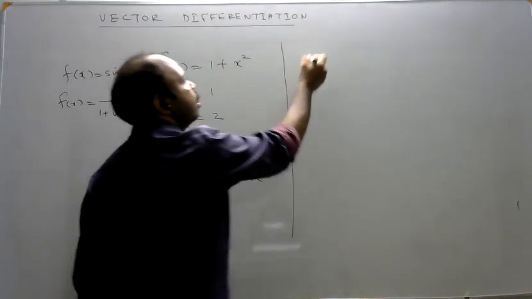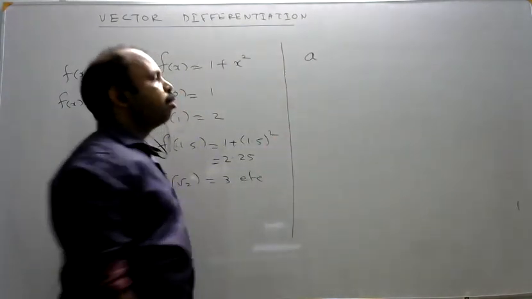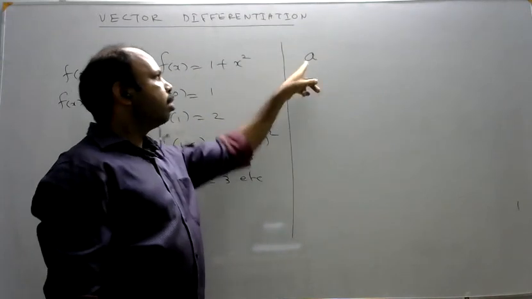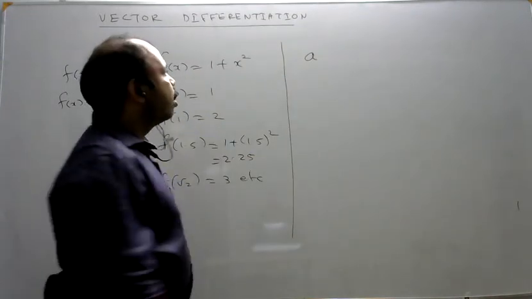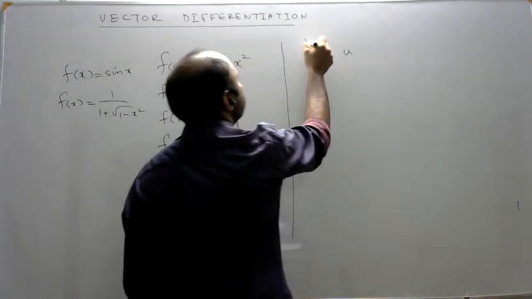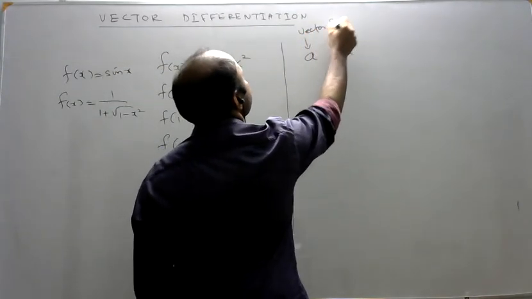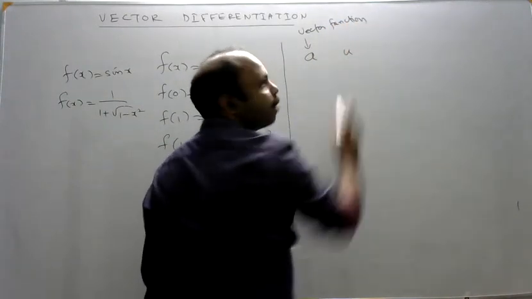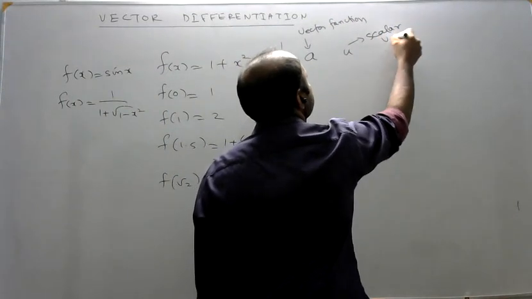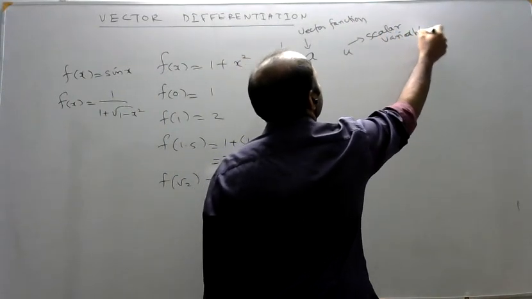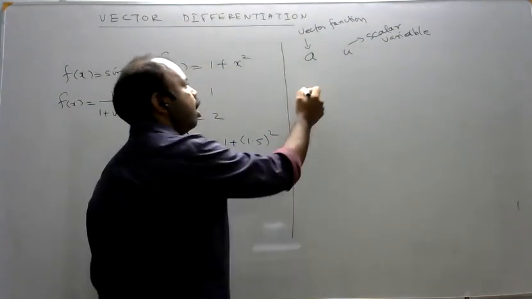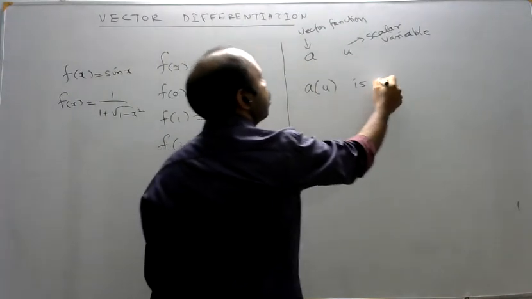We say that A, usually vector valued functions, their names are written in bold letters. So note that this is bold A. A is a vector valued function in the scalar variable u, vector function, or vector valued function, simply vector function, if corresponding to each value of u, A of u is a vector.